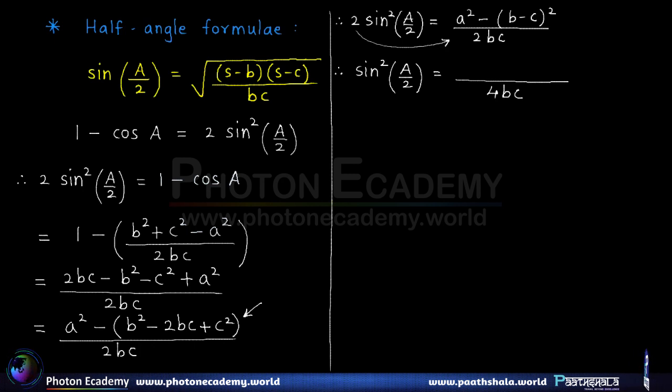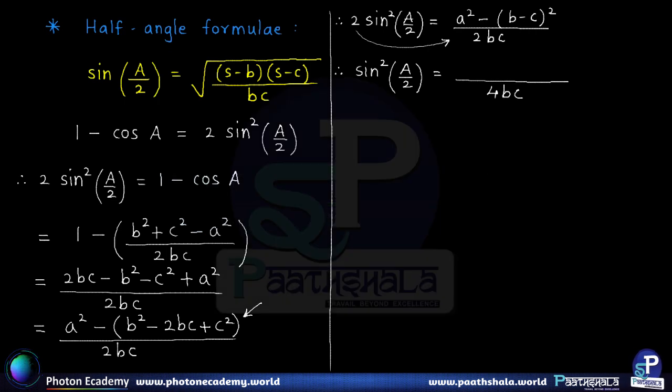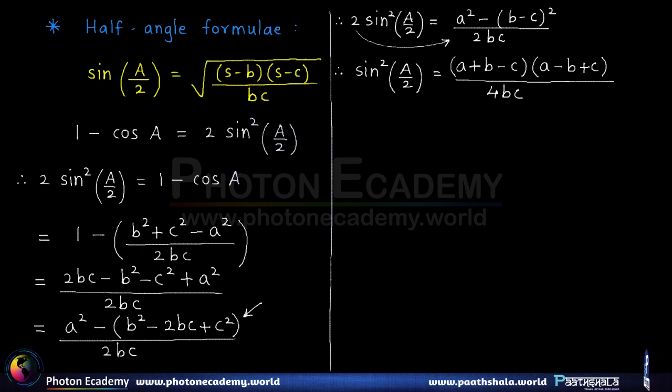we can factorize it because it is x square minus y square. So we can factorize as (a plus b minus c) into (a minus b plus c). Now a plus b minus c we can write as a plus b plus c minus 2c.